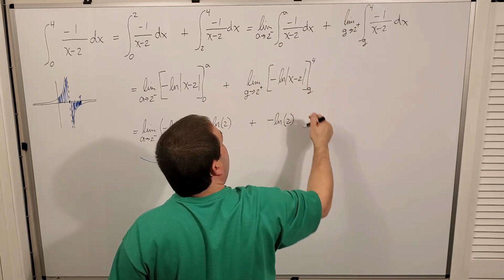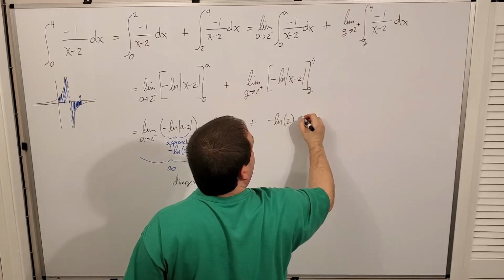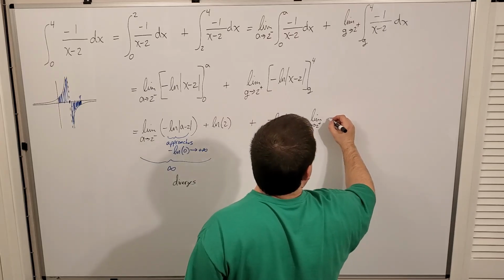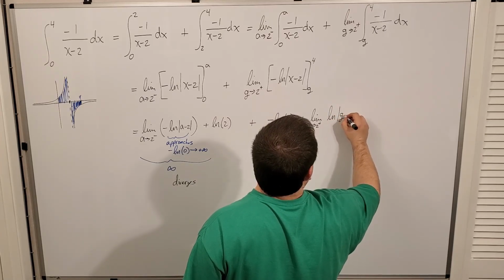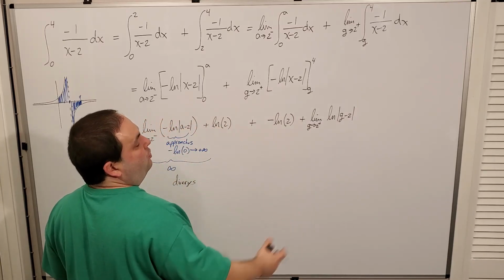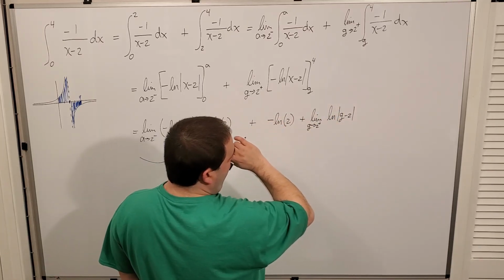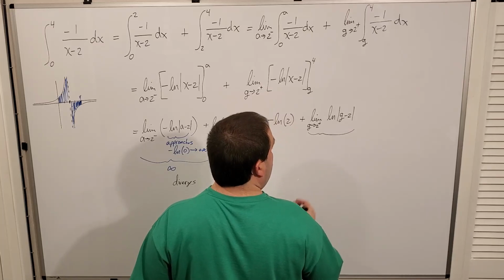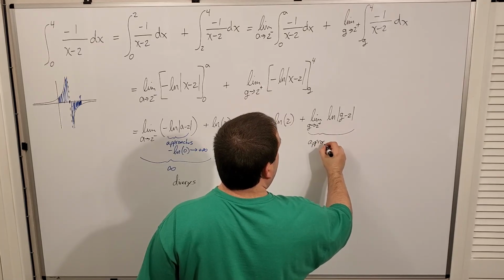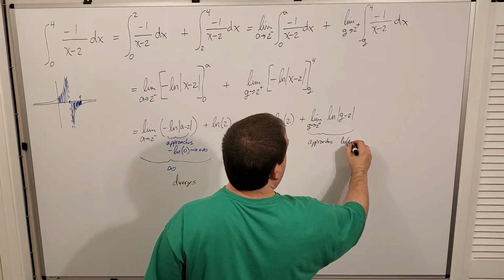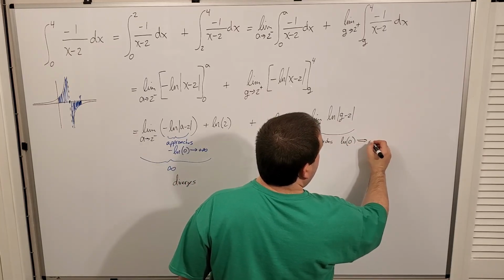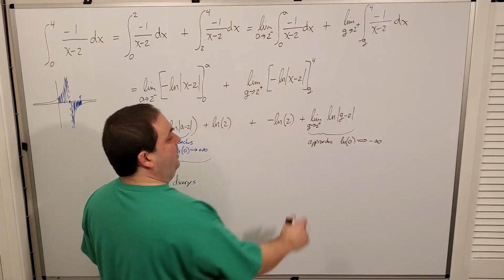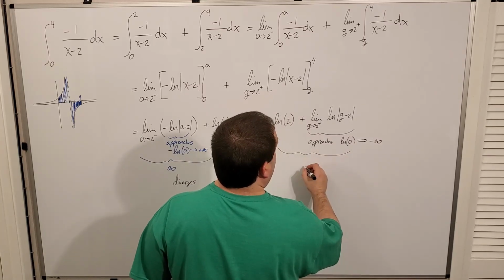So then I plug in the g, which I'm going to get the minus and negative, so plus, and then I've got the limit as g approaches 2 from the right of ln absolute value g minus 2. Since g is approaching 2 from the right, I don't actually need the absolute value here. However, just like the other one, this particular piece is still approaching that ln of 0 value, which is going to go to negative infinity. So again, the whole value of this integral also diverges.